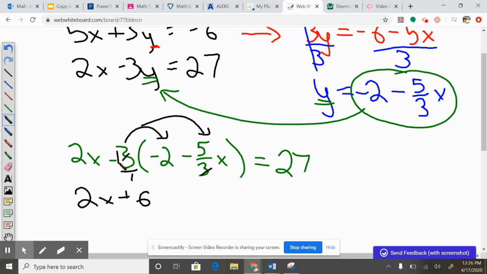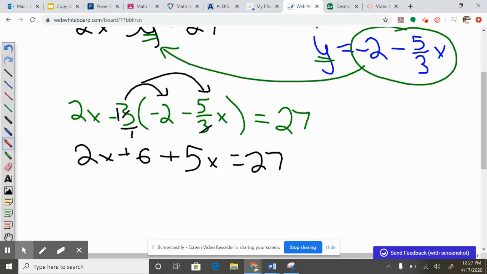So this is really just -1 times -5, which is a +5x equals 27. So if you're not sure what I did right there, I was multiplying -3 over 1 times -5 over 3, and then I just put the x on. It's just multiplying fractions.